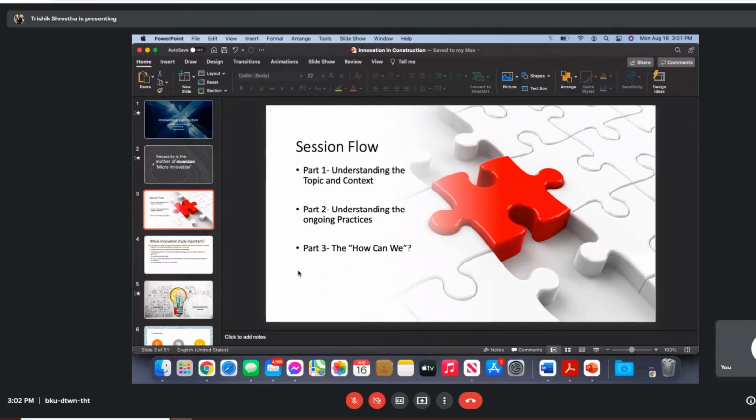Exactly. So part three of today's guest lecture is all about addressing the how can we. Everything that we need to know about how to develop this mindset, how to develop our organizations, so we can in fact incorporate micro innovation practices. So that is where we're going to leave it. Great, thank you.